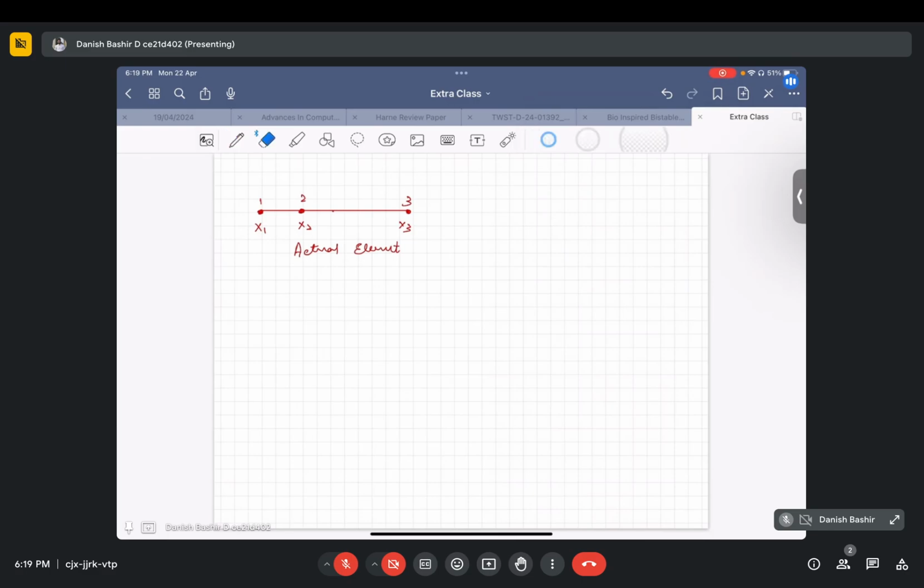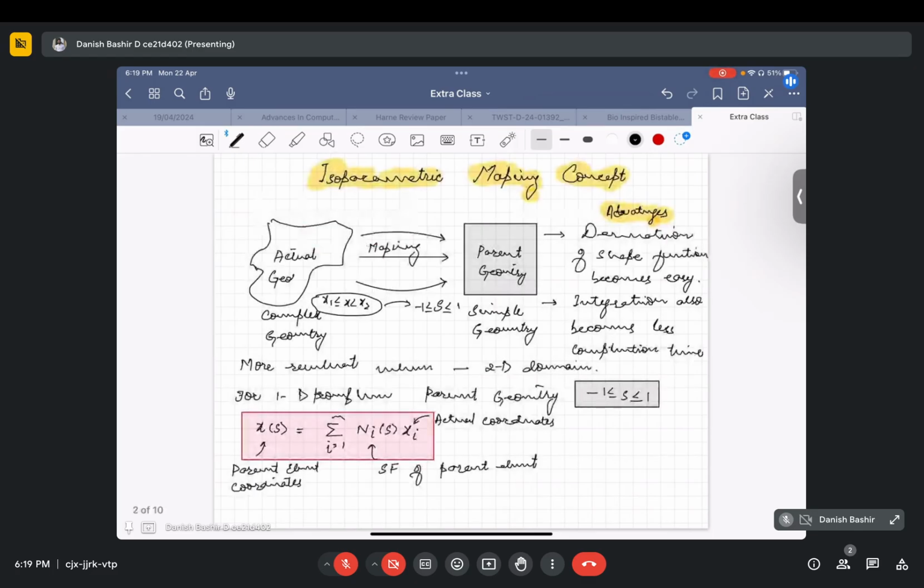If I want to draw a parent element for it, it will be something like this. The nodes will be placed symmetrically. So I will write here, in the parent element, nodes are placed symmetrically. You note this point.